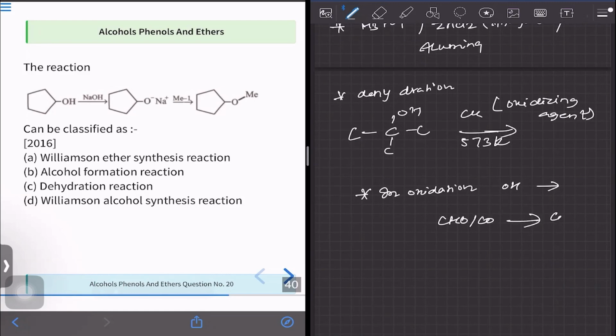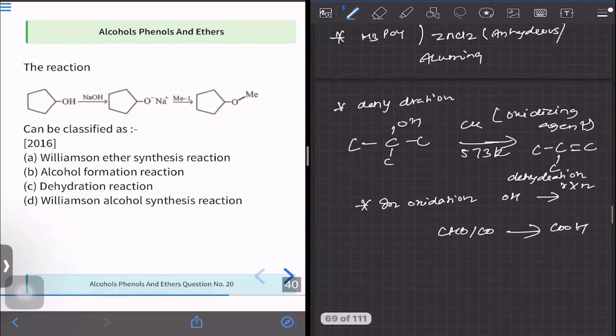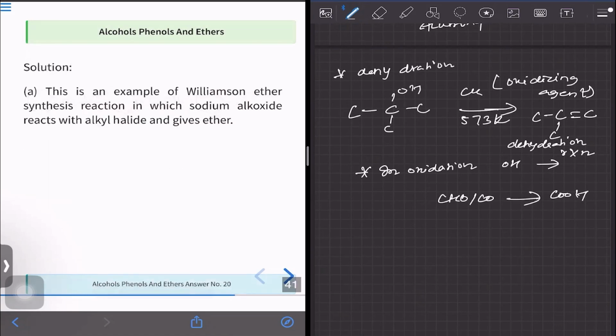On further oxidation, it produces COOH. But when tertiary alcohol undergoes this, it produces alkene. It undergoes a dehydration reaction. This is option C. So the question is where OH is replaced, it produces ether. So it is Williamson's ether synthesis reaction. So option A is correct.